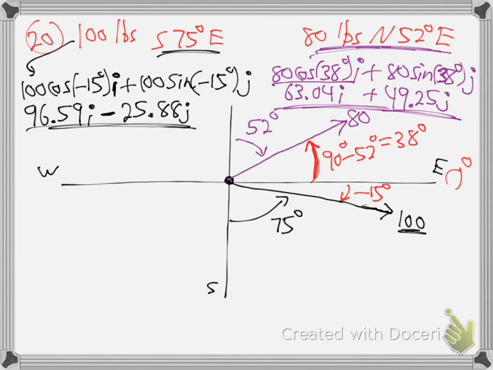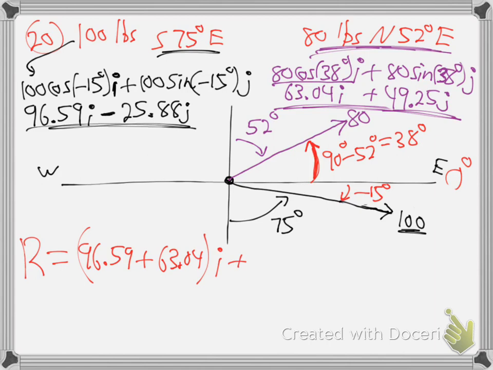i, j, i, j. And then you just add the i with the i and the j with the j to get what's called the resultant, the result of those two forces. So the resultant R is going to be adding up the two vectors, so it'll be 96.59 plus 63.04 i plus negative 25.88 plus 49.25 j.